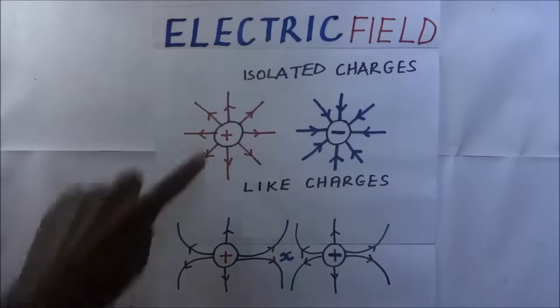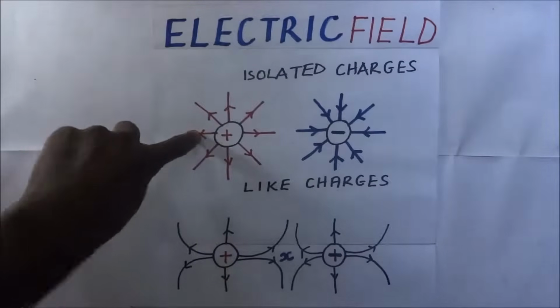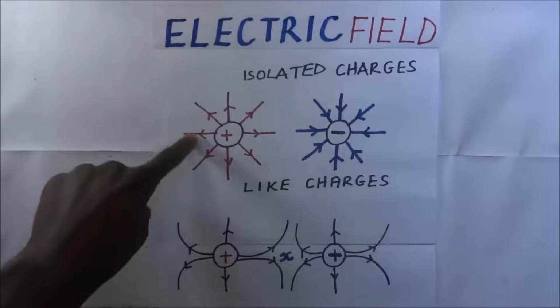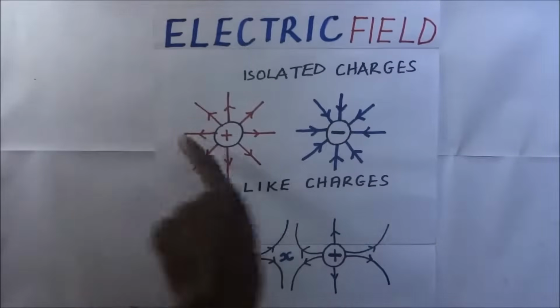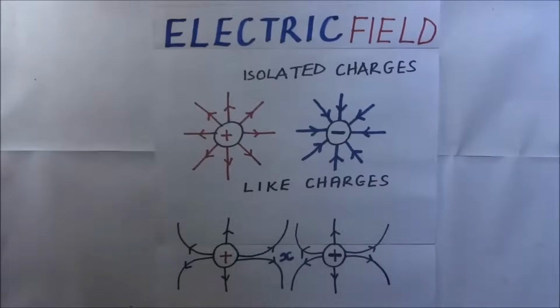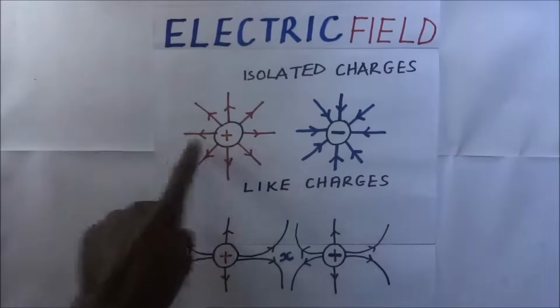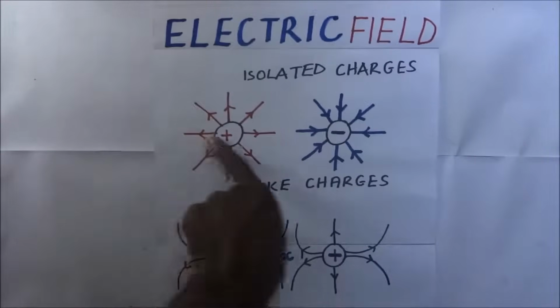So it means that if this is positively charged, and we place a small positive charge here, it will move in that direction, because like charges repel and unlike charges attract. So a positive charge placed here will move in that direction.